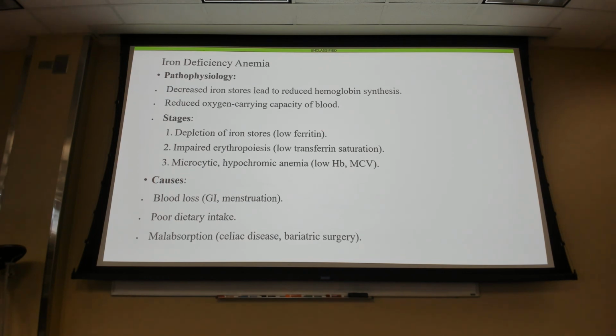Your ferritin, right? Iron stores are going down. And then eventually it goes down to the point where the body just doesn't have enough to make the red cells normally. So you get that second stage, impaired erythropoiesis. And then the end result is a microcytic hypochromic anemia. Good?